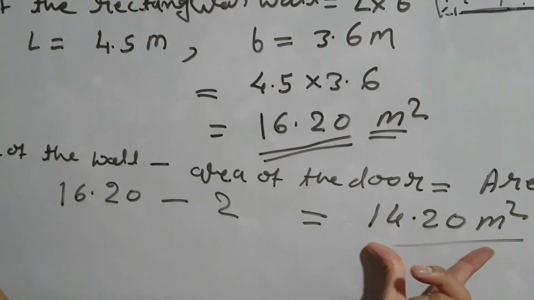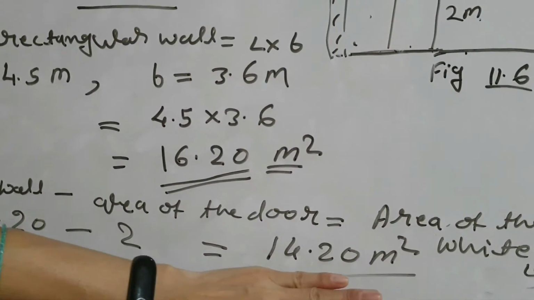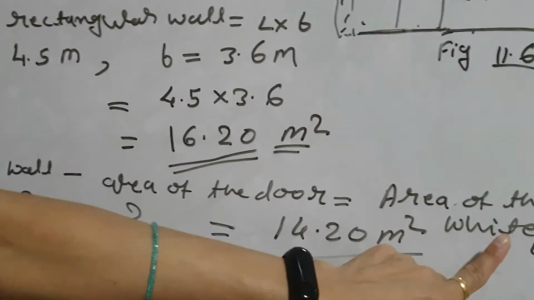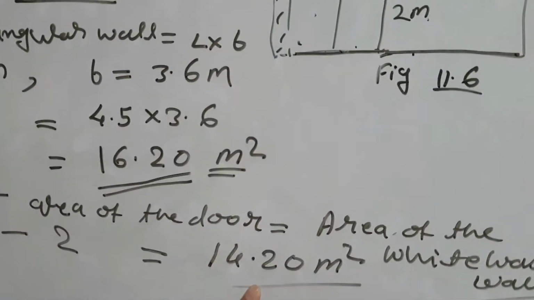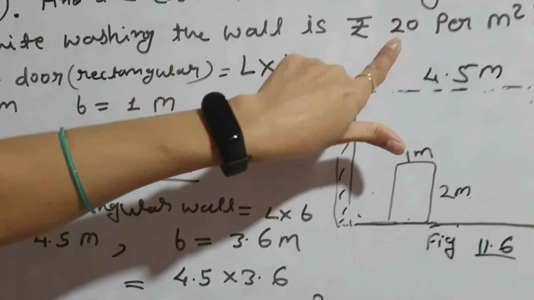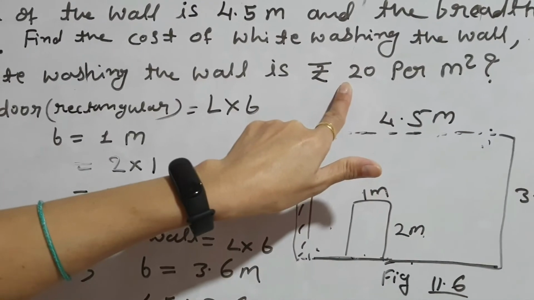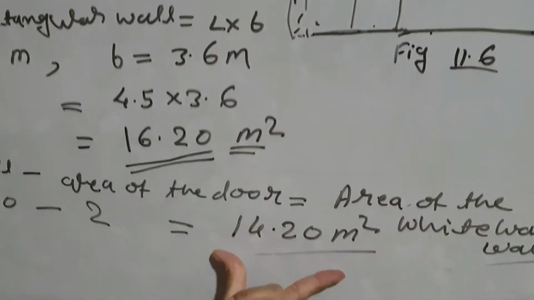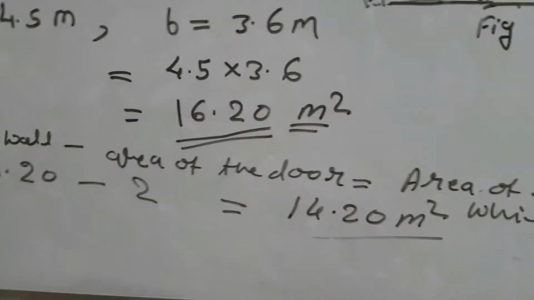Now this area is of the wall which has to be whitewashed. So the per square meter rate is 20 rupees. So what is the cost for 14.20 square meter?